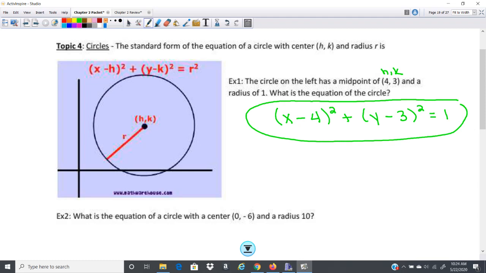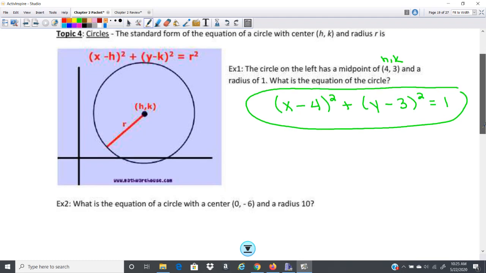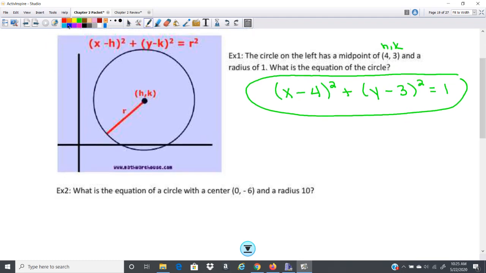So if I look at example 2, I have a center of (0, -6). So this is my h, k, and my radius is 10. So I'm going to go (x minus h, 0) squared, plus (y minus k, y minus -6) squared equals 10 squared. Okay, so a couple things here.